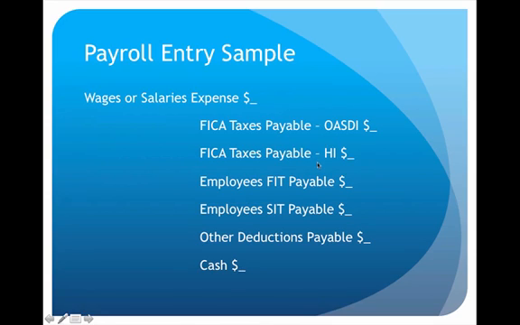Same thing with the HI taxes. Same thing with federal taxes. State taxes, same thing with other deductions. If we garnish their wages, if we hold out union dues, anything that we withhold from the employee's pay is something that's going to be sent to another entity down the road. So all of those are liabilities.